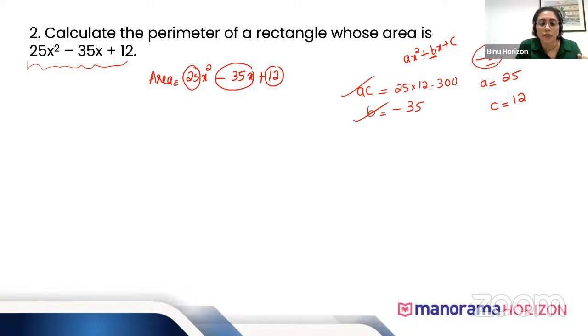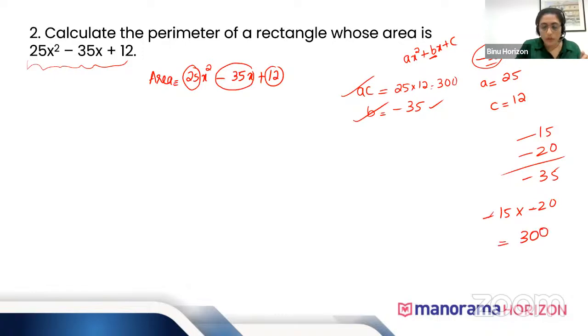Which numbers will satisfy this? Can anybody tell? Minus 15 and minus 20. Does it satisfy? I get the sum as minus 35. This is correct. And if I multiply minus 15 into minus 20, minus becomes plus, and 15 into 2 is 30, and the 0 comes, 300.